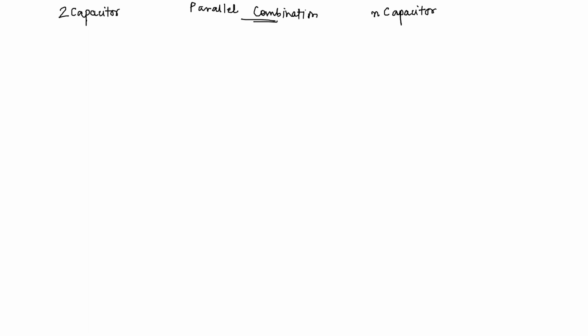Kindly make notes along with this so that you will understand it better. So this is C1, this is C2, and for n number, these are the n capacitors like C1, C2 and Cn here.